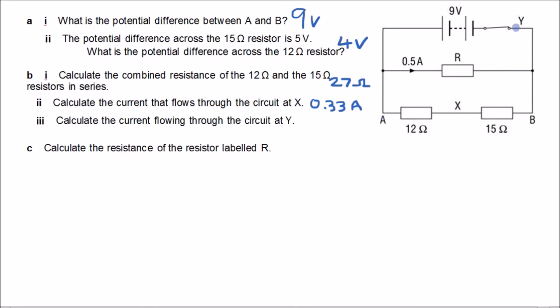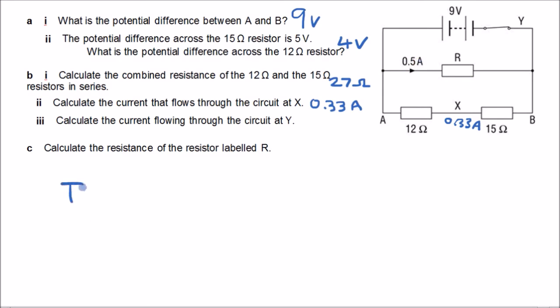Okay, calculate the current flowing through the circuit at Y. So Y is here. That's the total current before it splits. Y is the total current. So the sum of the current in this branch here and in this branch here. So we know that at X we've got 0.33 amps, and we know that traveling through the resistor R we have 0.5 amps.